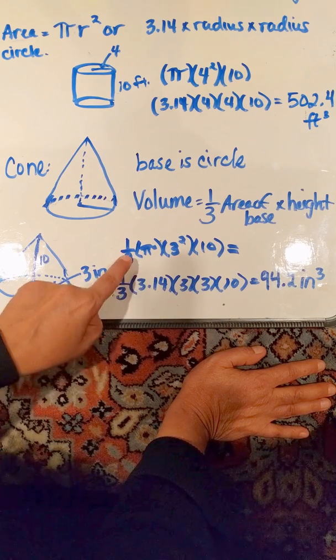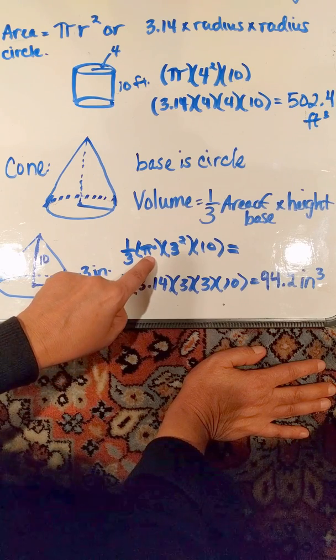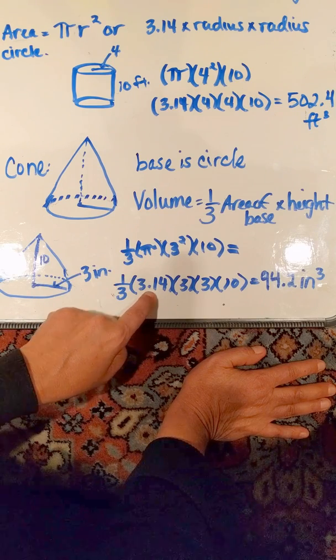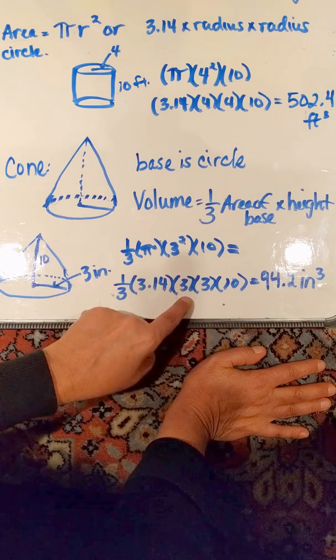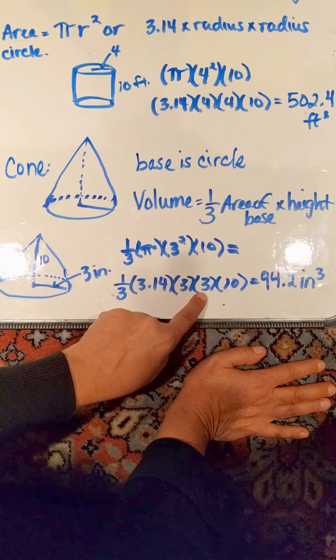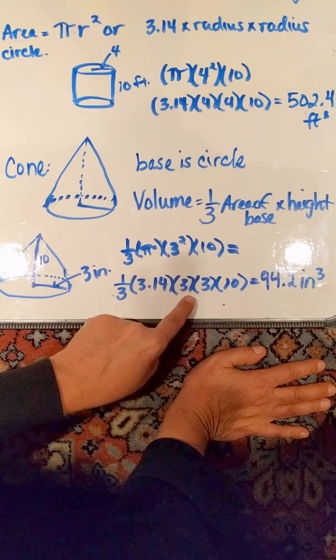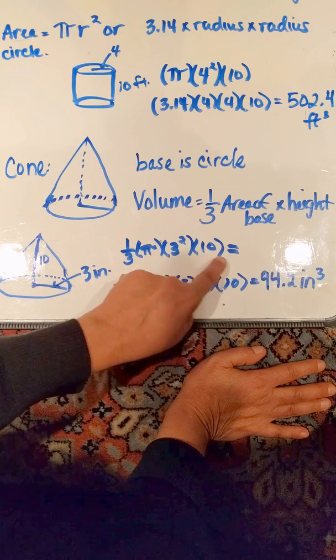So I'll plug in the numbers here. 1/3 times pi, which is 3.14. 3 squared is 3 times 3. The exponent is 2, so there's 3 times 3 times 10.